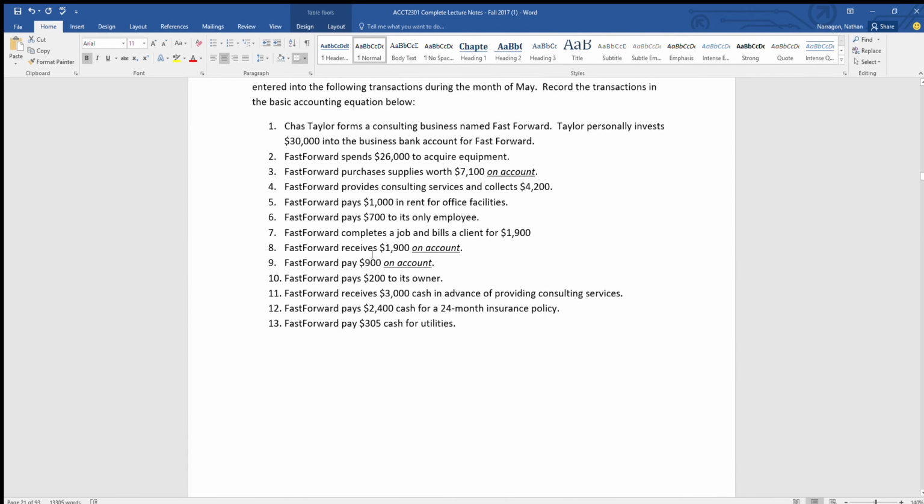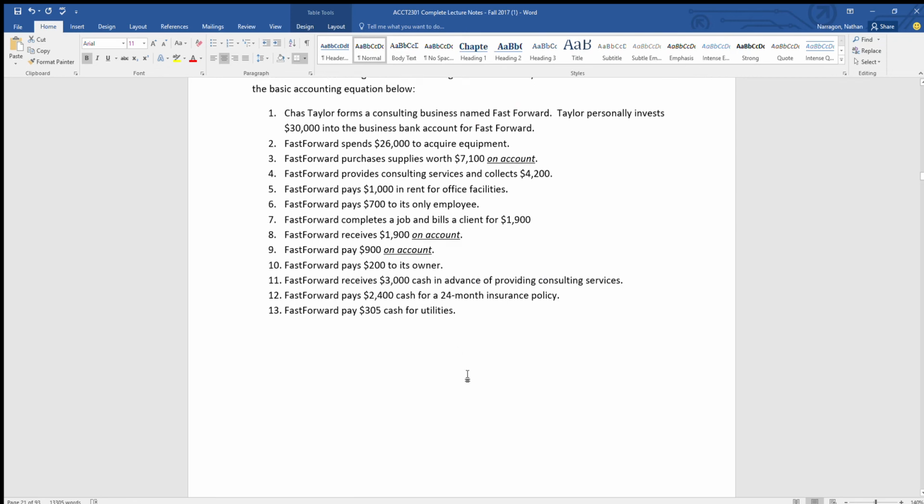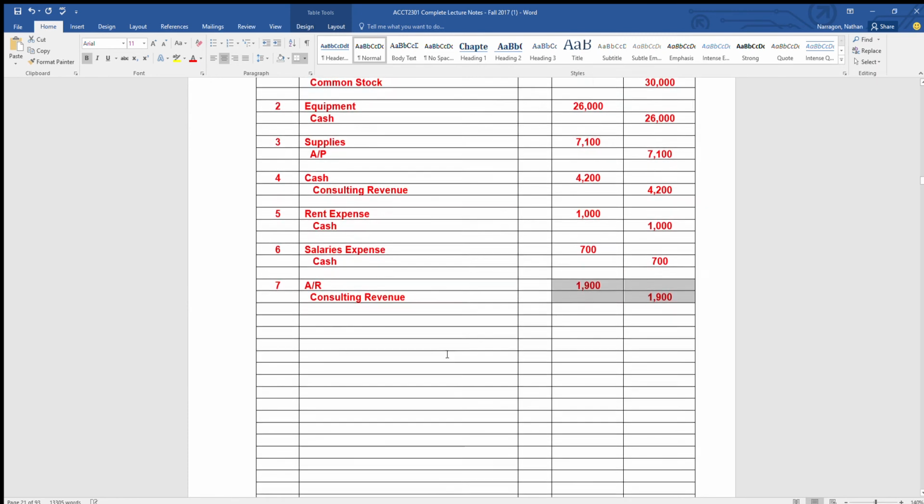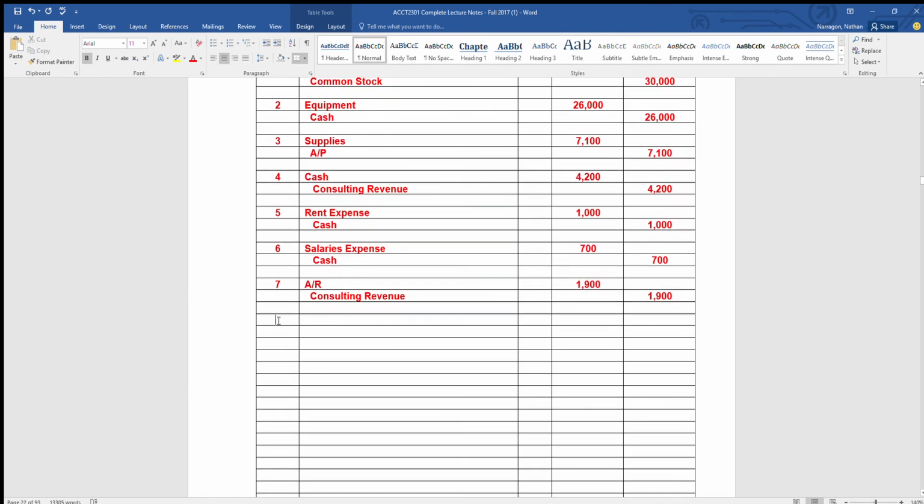Transaction 8, we received $1,900 on account. So now this person is paid. Well, for this, we know it's on account. Which one is it working with? Well, it's AR. So with this, what did we receive? This is what you should look at every transaction. What did we receive? Well, we received cash. So cash is an asset. It's being debited. Where did the cash come from?